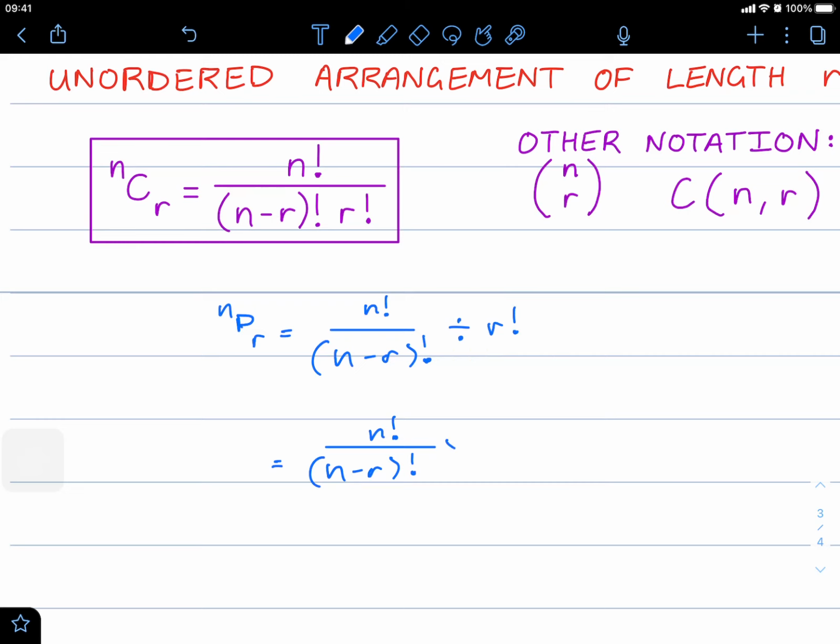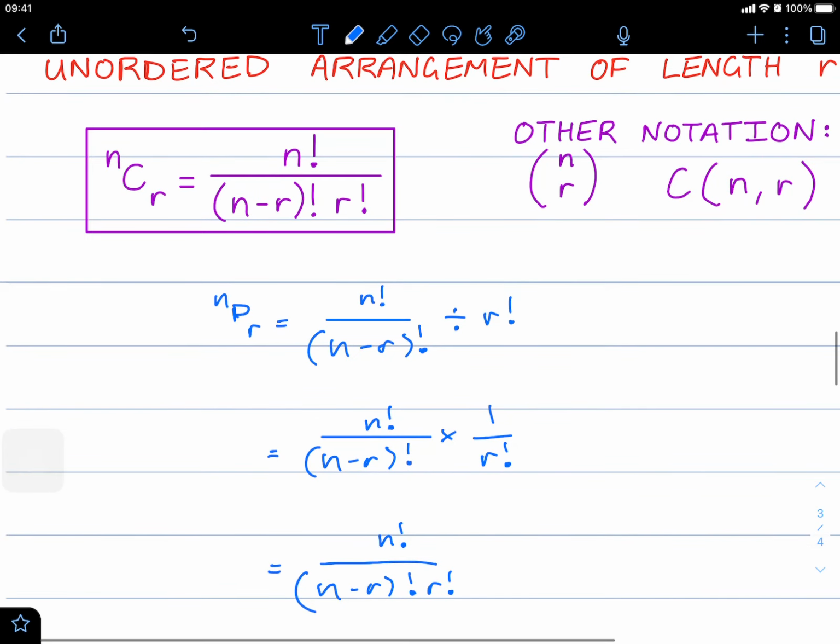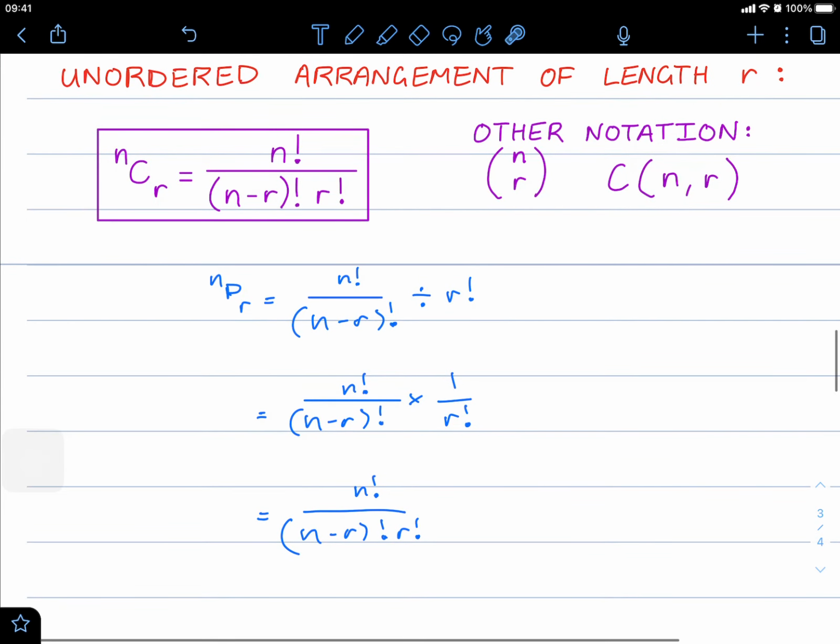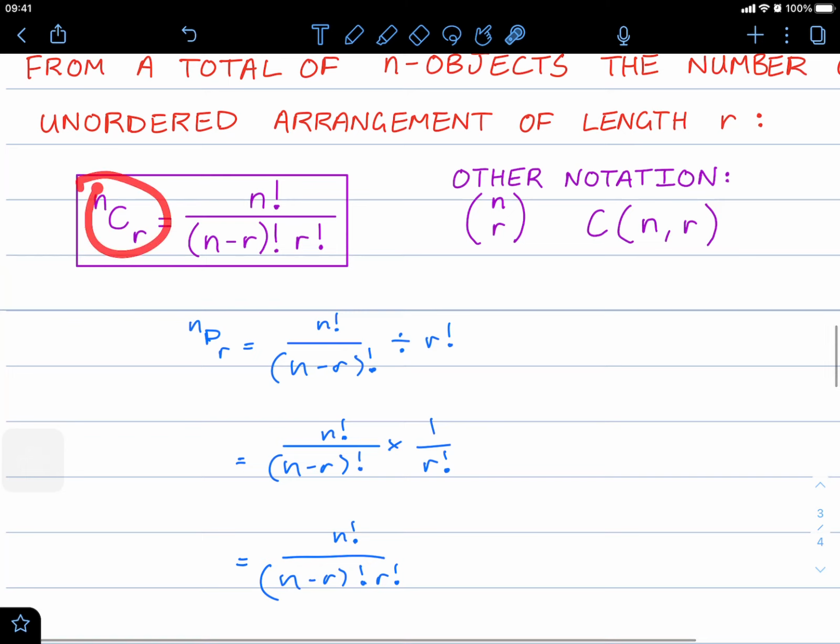Dividing by a fraction, we flip it, which gives us this notation here. And there we have it. So this notation is for an unordered arrangement. We are dividing out the number of repetitions that are possible.